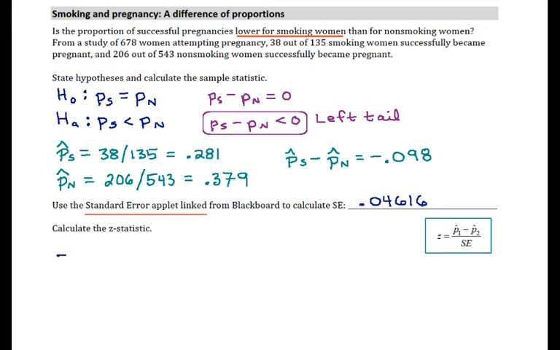This is going to be a really easy calculation because I already have both of these quantities calculated. My PS hat minus PN hat is negative 0.098, and my standard error is 0.04616. So I get a z-score of negative 2.123.